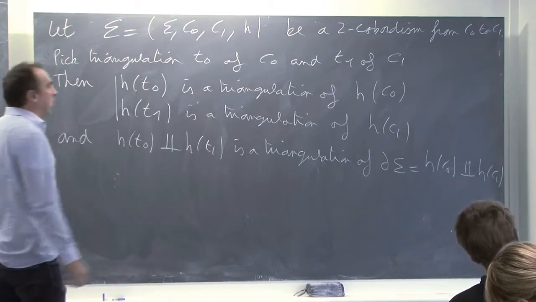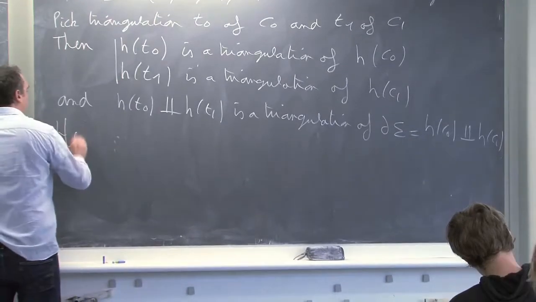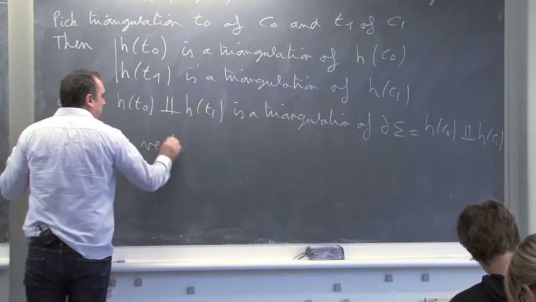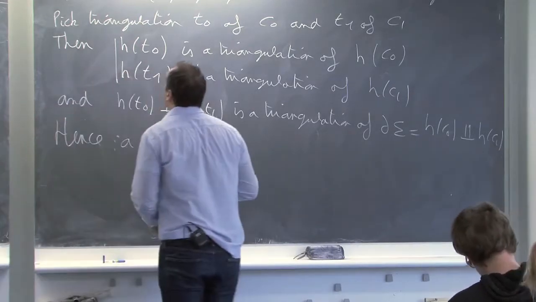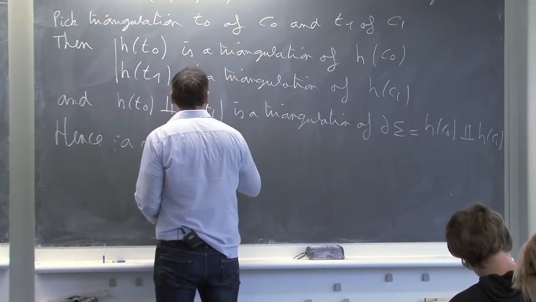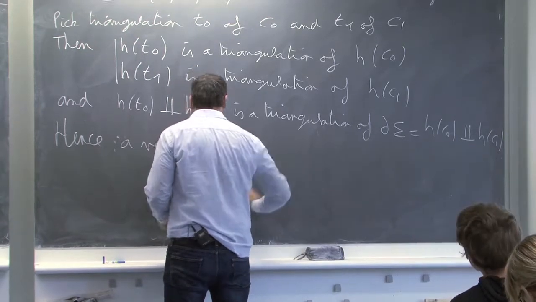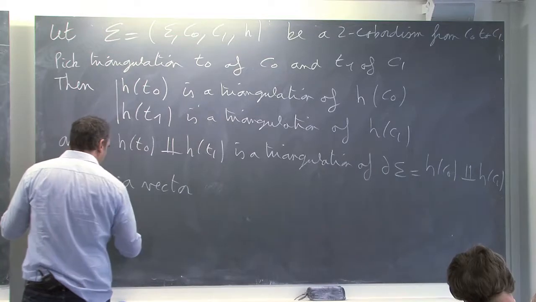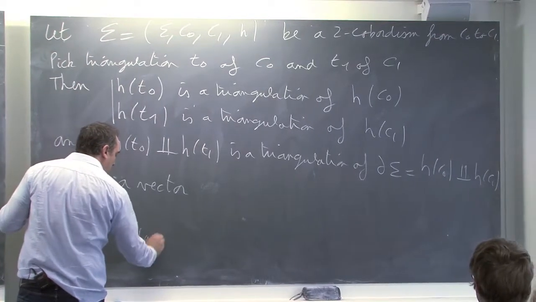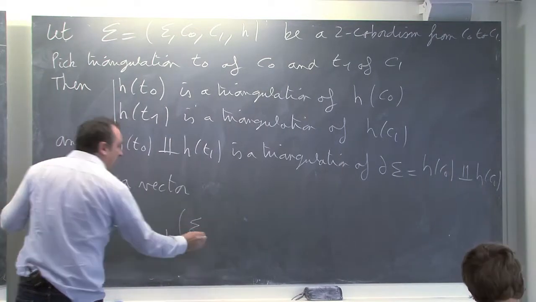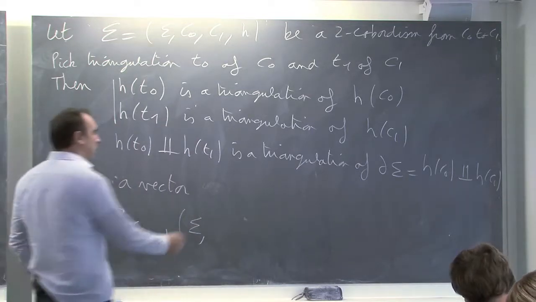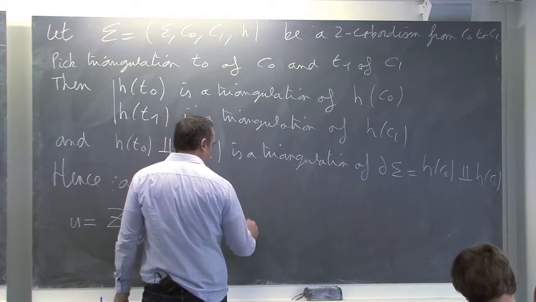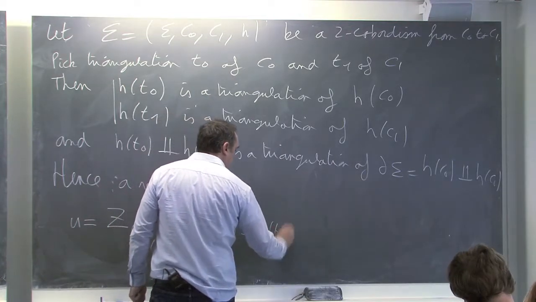And so we obtain a vector. Let's call it V, or let's call it U. It is Z_VA mu of sigma, H T0 disjoint union H T1.